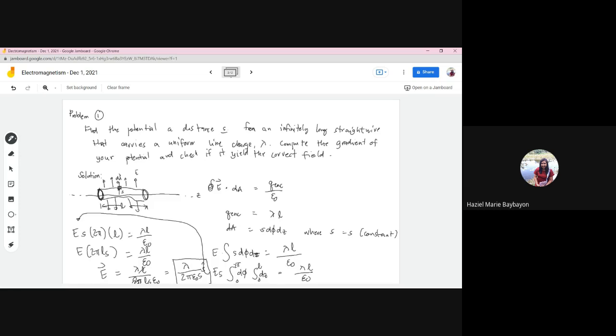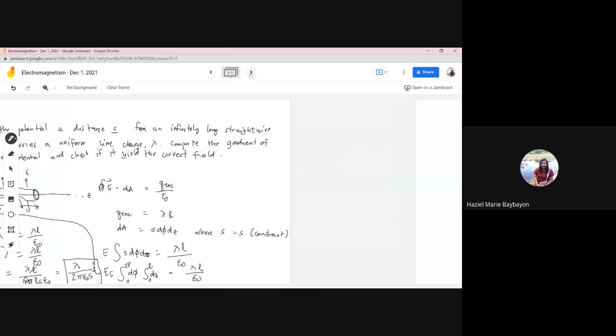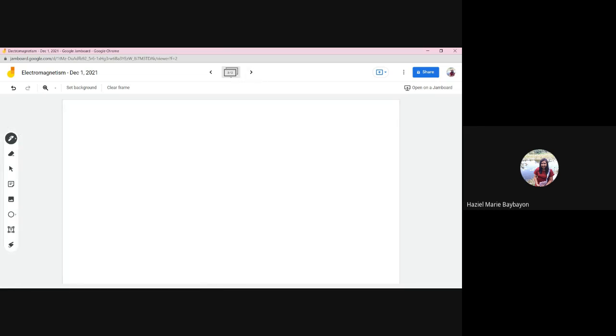So take note of this electric field class for an infinitely long straight wire. Again, for an infinitely long straight wire, the electric field is equal to lambda over 2 pi epsilon naught times S. Or sa uban nga mga books kay R ni siya ang ginagamit diri.